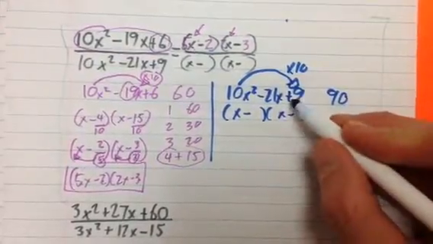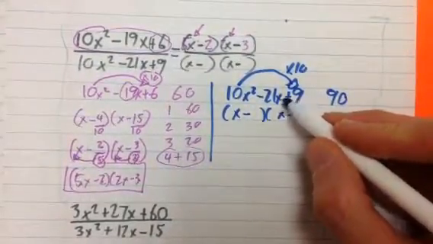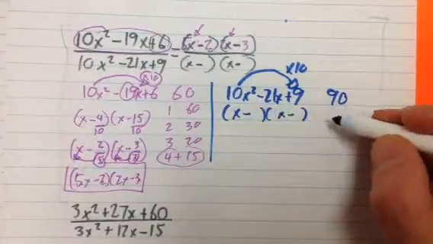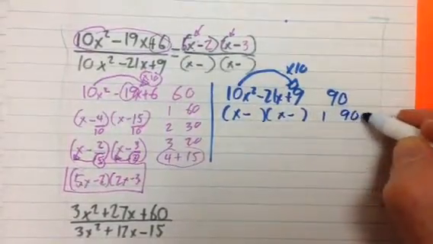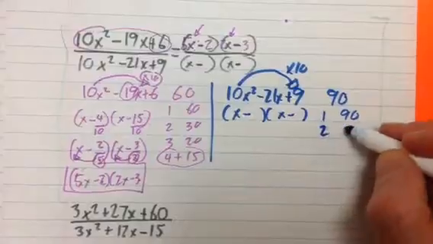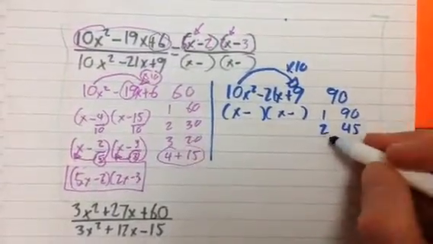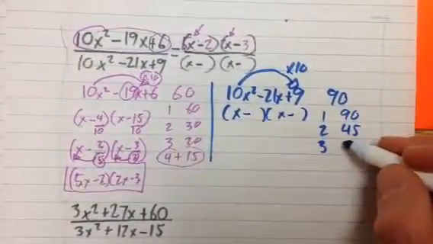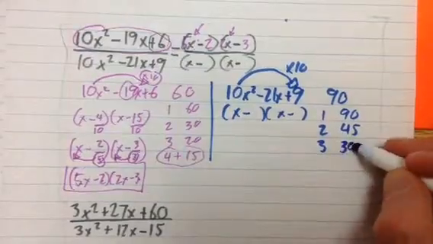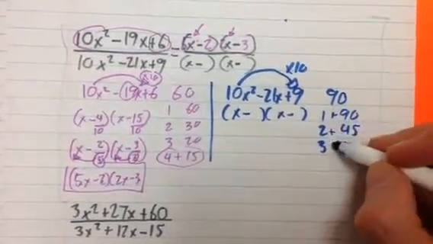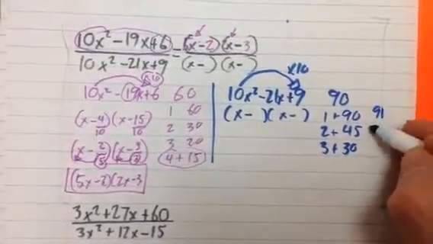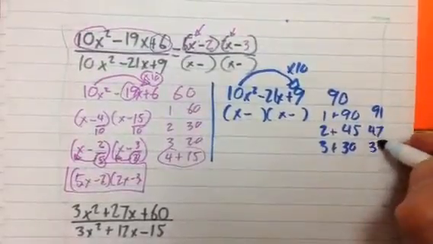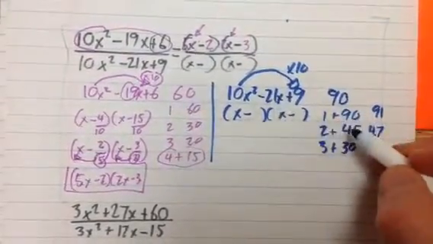And again, we're going to say what factors of 90 add up to 21. So, 1 and 90, nope. 2 and 45, nope. 3 and 30, nope. If you add those up, we get 91, 47, 33. We're getting close to the 21, but we're not quite there.